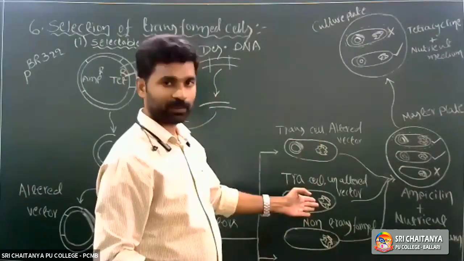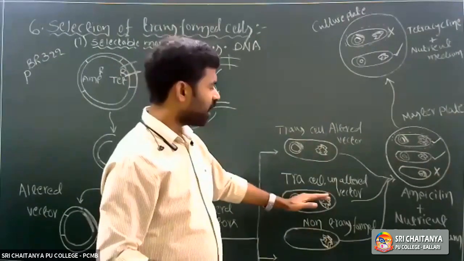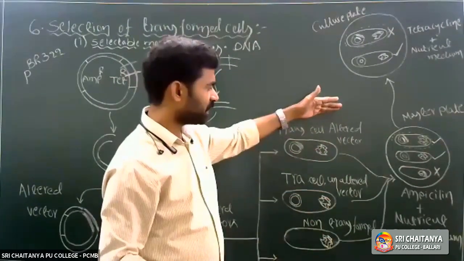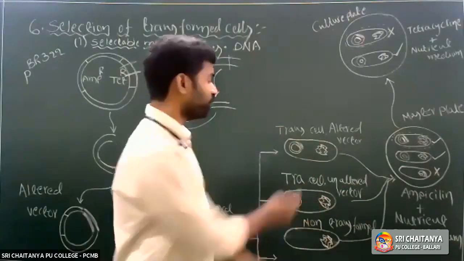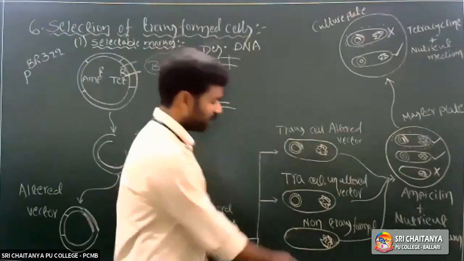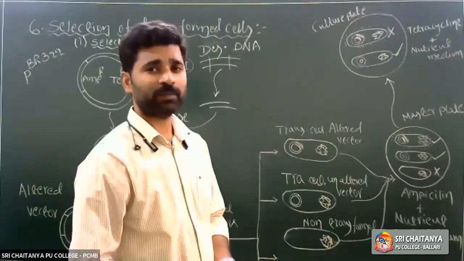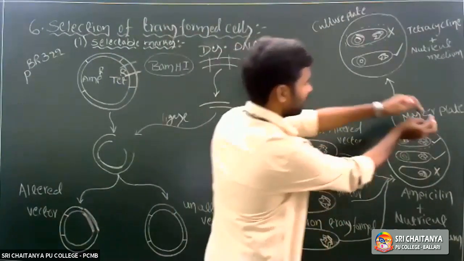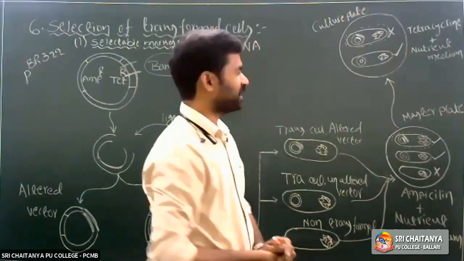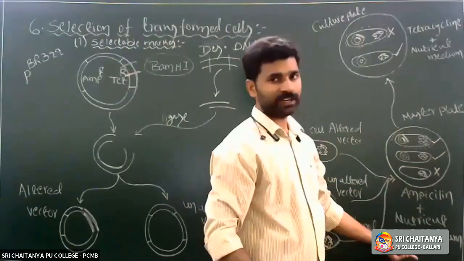Both are transformed cells, one containing an altered vector and the other an unaltered vector, but both are transformed cells. But the third one is a non-transformed cell. There is no vector or foreign DNA, right? So these three types of bacterial cells we transfer onto the master plate, which contains ampicillin nutrient medium.